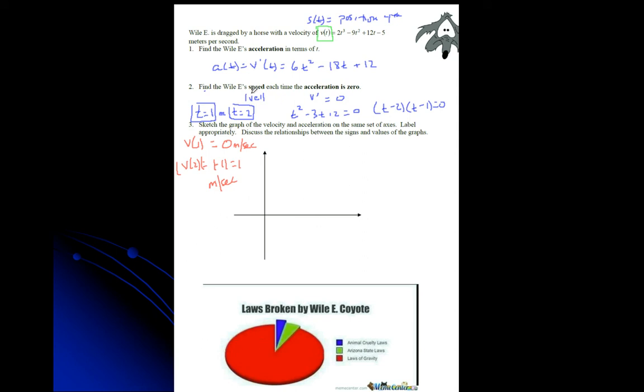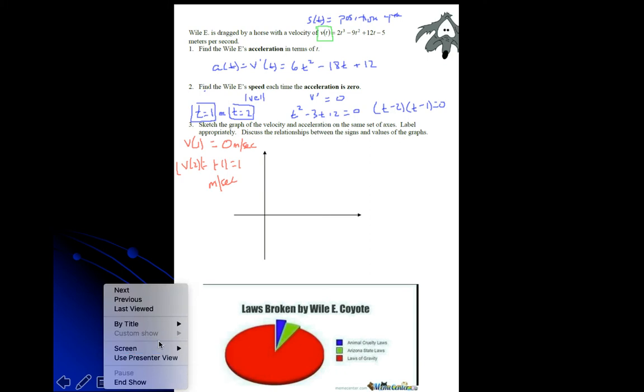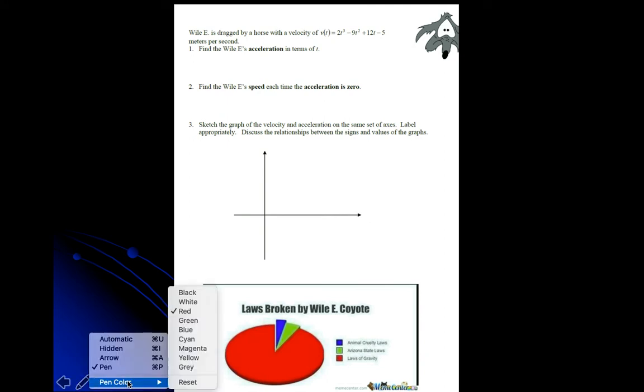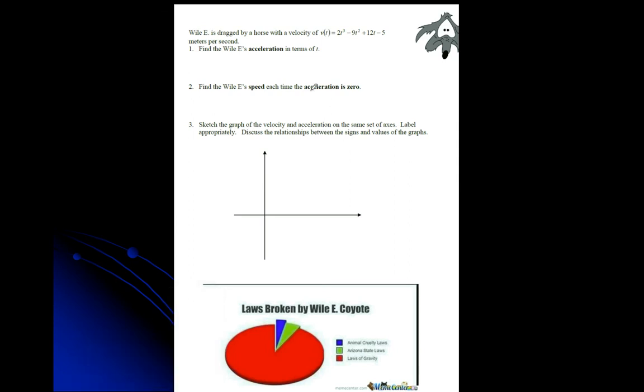So I'm going to erase that because I want to draw the graph. It asks me to sketch the velocity and acceleration on the same set of axes. They don't need a great sketch.